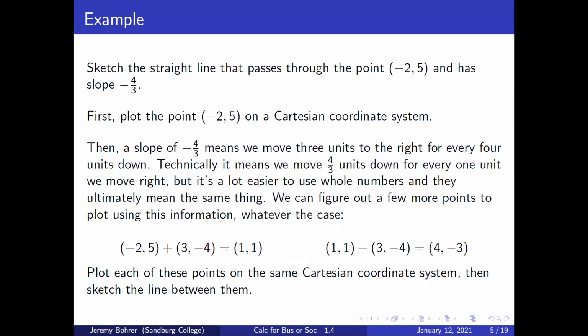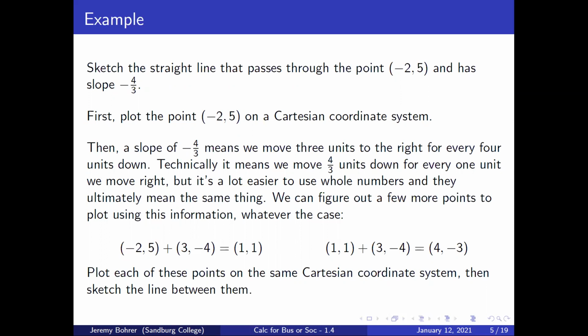We can figure out a few more points to plot using this information, whatever the case. So if we take our negative 2, 5 and add to that 3, negative 4, we get 1, 1. If we take 1, 1 and add 3, negative 4, we get 4, negative 3. And we could do the same thing by subtracting 3, negative 4 from negative 2, 5. I just haven't done that here.